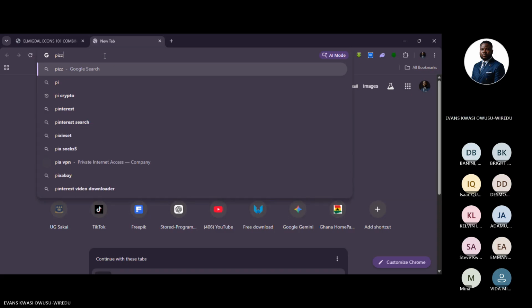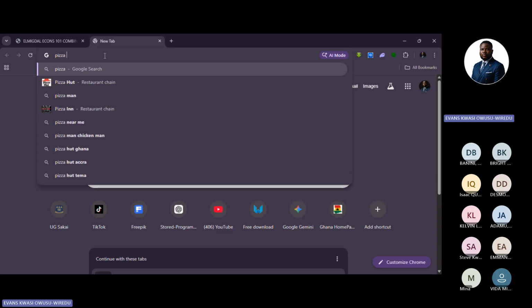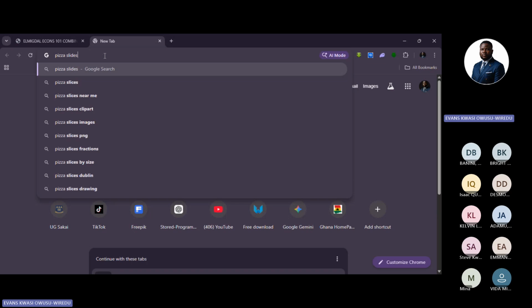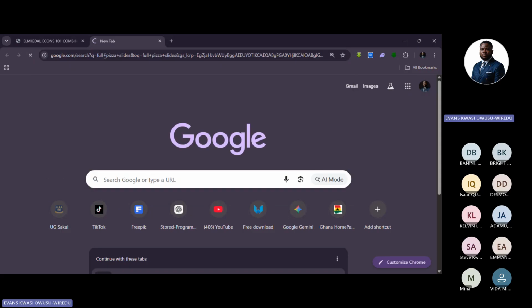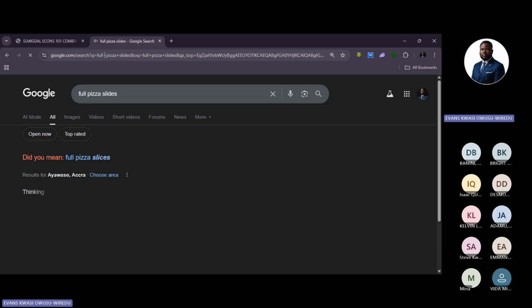Pizza slices, right? Should I add a full pizza slice so that we see it? I want to use it to explain something. Let's look at it. Can you see my screen, everyone? Are you seeing the screen? This evening, my English has come out.